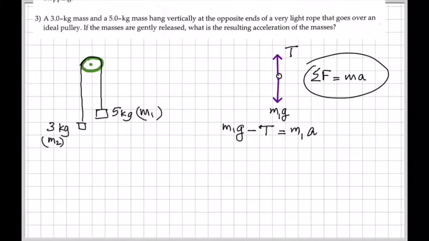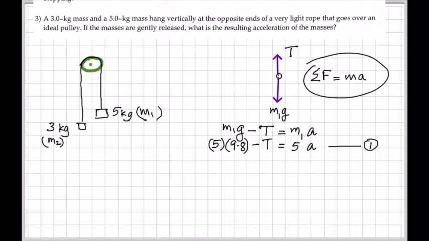Is that clear? Okay. So substitute the numbers, whatever we know, 5 times 9.8. And don't go negative 9.8 there, please. We do not know the tension, do we? We do not know the acceleration. So that is our first equation.